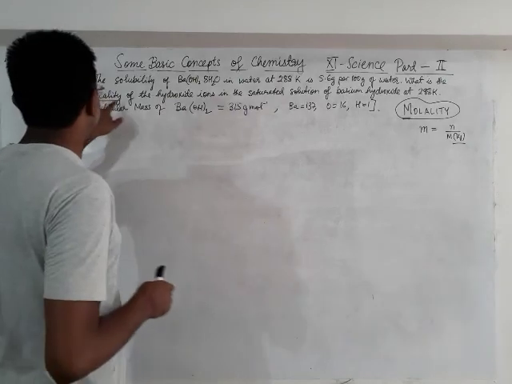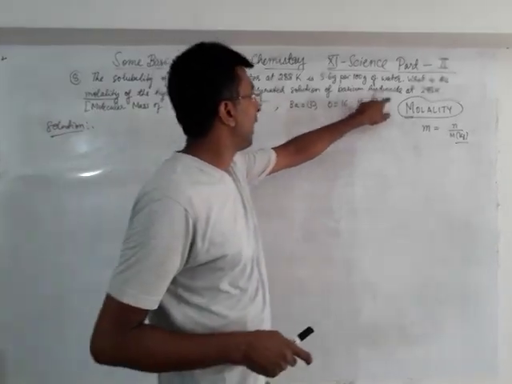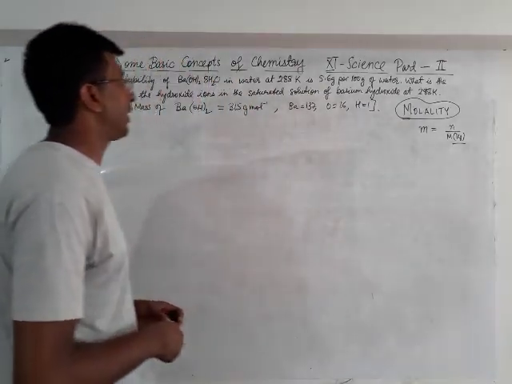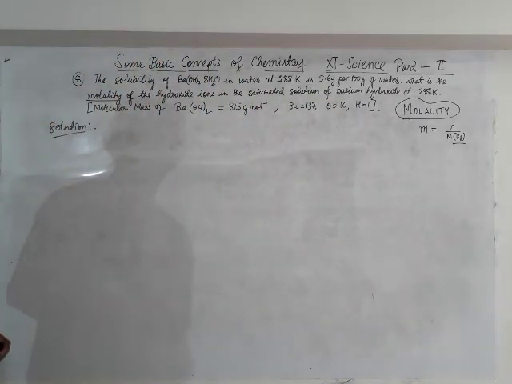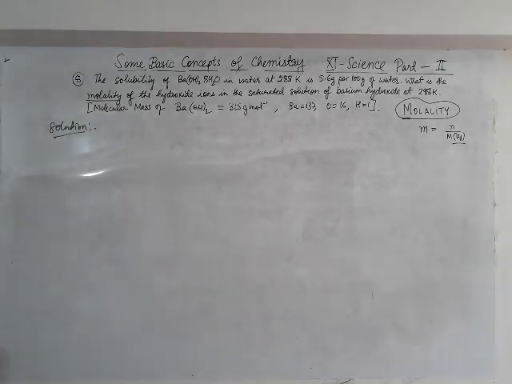What is the molality of the hydroxide ions in the saturated solution of barium hydroxide at the same temperature 288 Kelvin? The molecular mass of barium hydroxide is given. It is 315 grams per mole. And I have just written down the atomic masses also for barium. It is 137, I guess. Oxygen is 16 and hydrogen is 1.